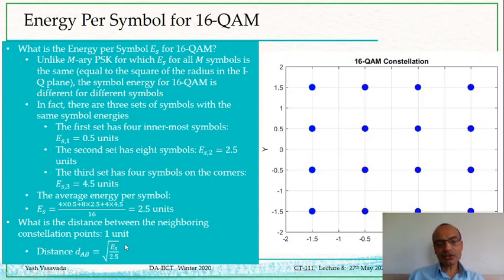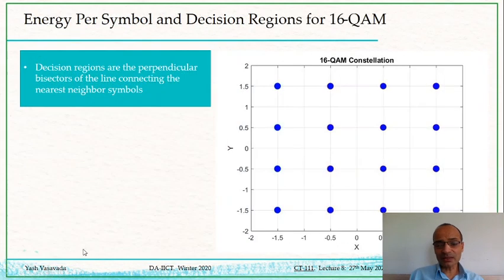Okay, so as a function of Es, we have formulated the distance between the adjacent points of 16-ary QAM. We will make use of this formula later on, so keep this formula in mind. Distance squared between the adjacent symbols is Es divided by 2.5.